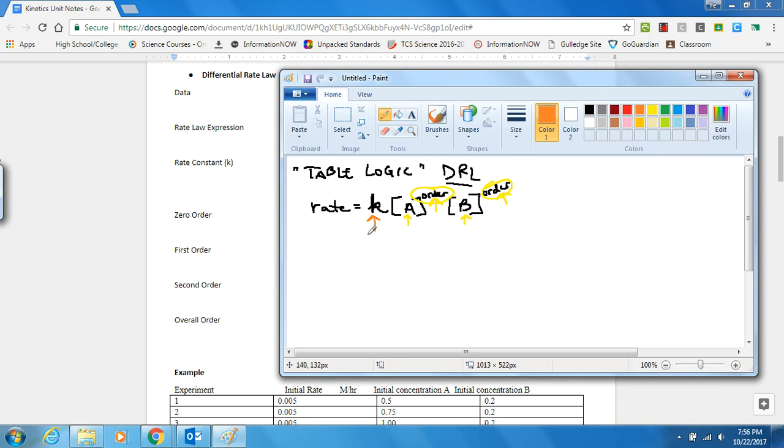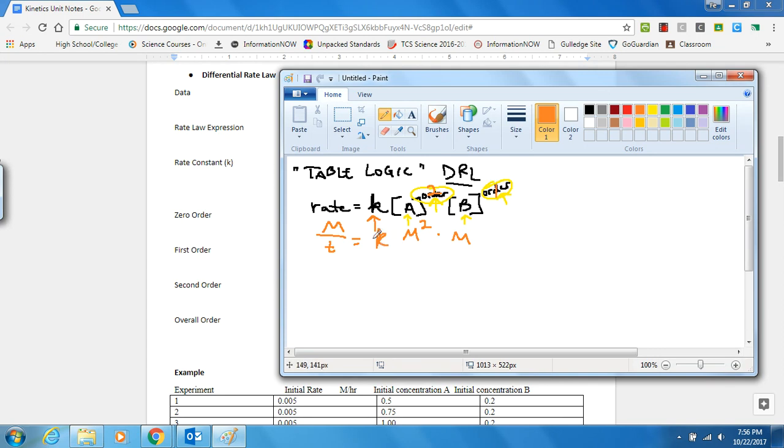Now, k has units that change. So rate is molarity over whichever time unit you're dealing with. A is concentration, so that's molarity. Now, if this is an order of 2, then this is going to be molarity squared. If this is B and it's an order of 1, then it's going to be molarity to the first.